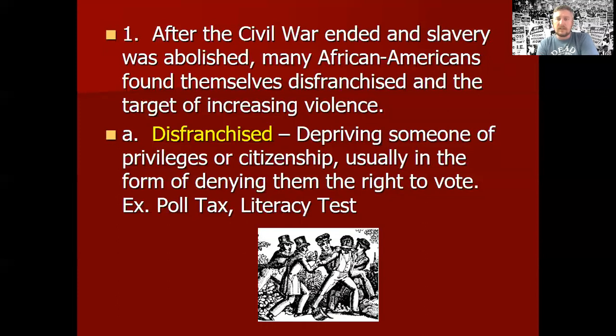They're penniless. They have nothing, and they can't afford to pay a tax at the polls to go vote. It's not going to happen. Or literacy tests. Many of these people couldn't read or write. This was going on across the country. This was not just a Southern thing, although that was kind of the epicenter of it. But there were different ways that they were finding to stop them from participating.